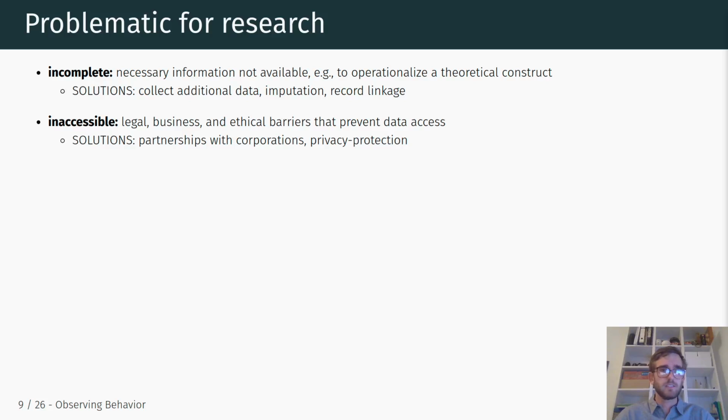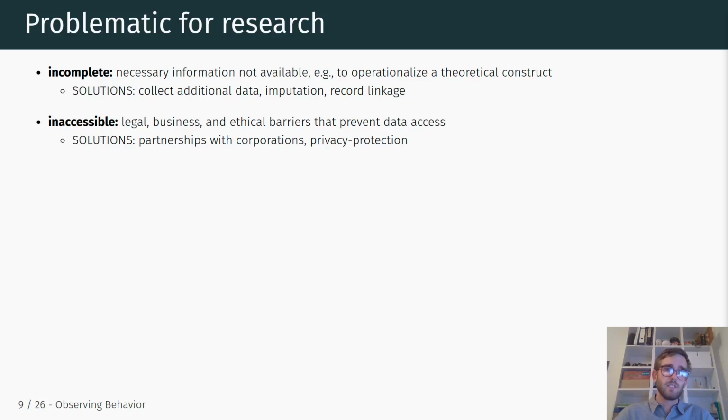The second aspect is that big data is often inaccessible. There are often legal, business, and ethical barriers that prevent data access, and it's hard to find general solutions for these issues.